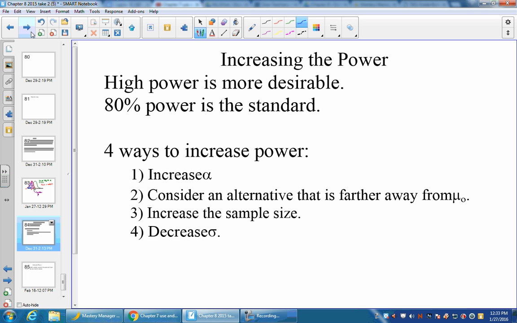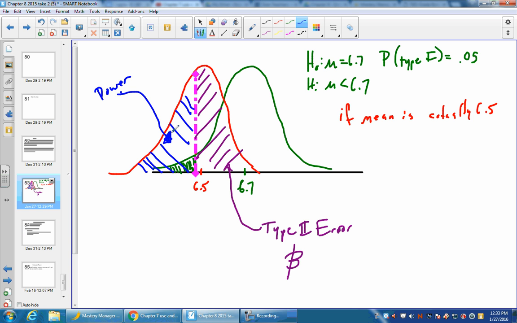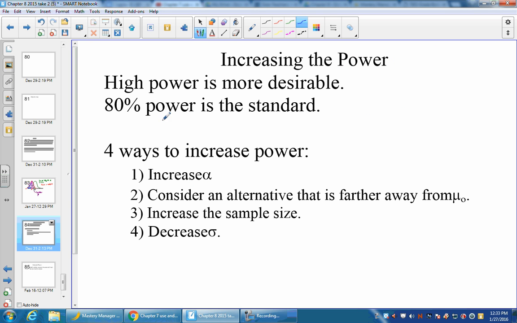Now, there are ways to increase the power, because typically you want a high power. If the power is high, that shifts this blue over here, and it reduces your chance of a type 2 error. We want at least a power of 80%, or 0.8. There are some ways you can do it. The main thing is number 3.